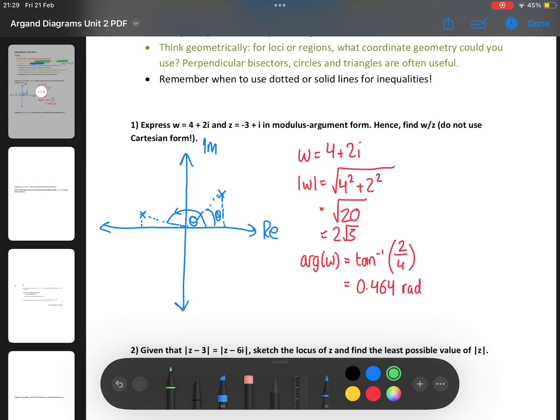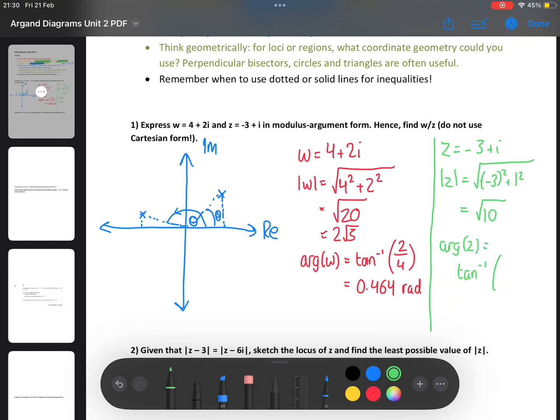And then z is minus 3 plus i. So the modulus of z is the square root of minus 3 squared plus 1 squared, which is root 10. And then the argument of z is going to be inverse tan of, well, we want to find inverse tan of 1/3. So inverse tan of 1/3 is going to be 0.322 radians.